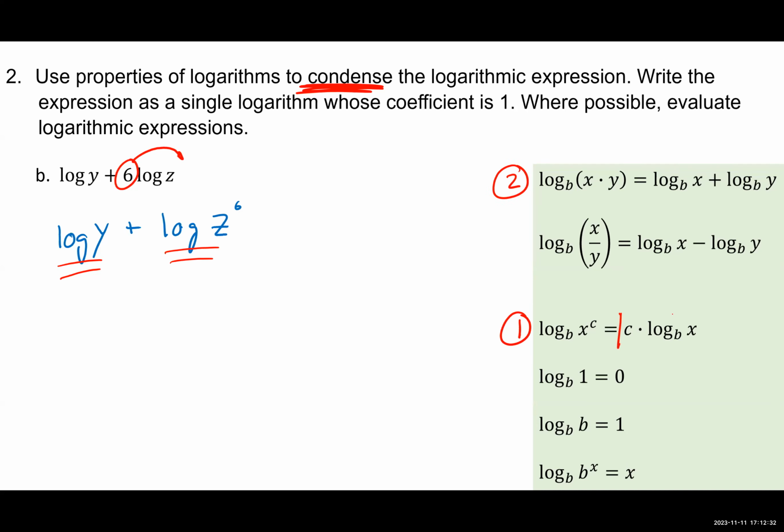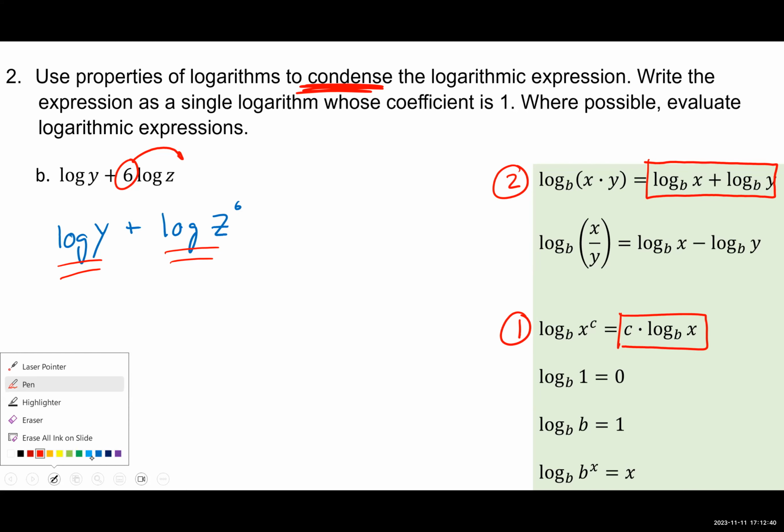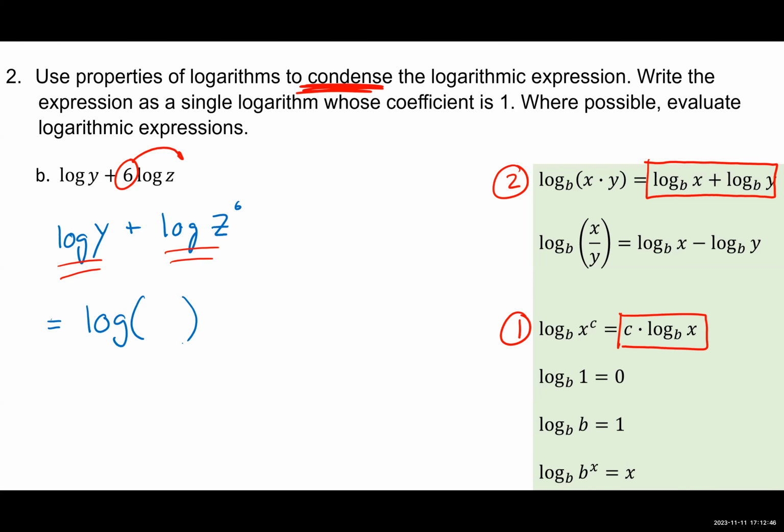So first we started with this. Now we've got this. So this will be the log of y times z to the 6th power. And I think that's as far as we can go with this one.